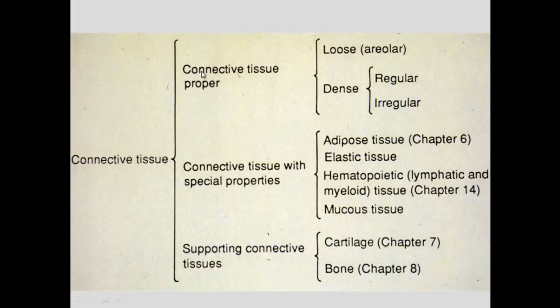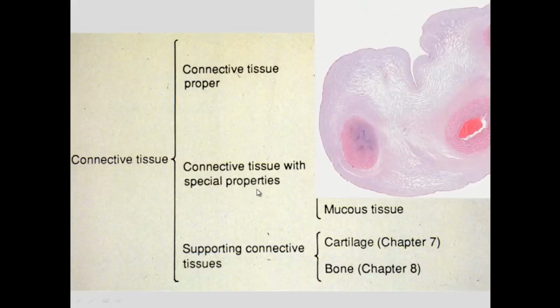If you look at, remember the different types of connective tissue. One of the connective tissues with special properties is mucous connective tissue, and the mucous connective tissue is what you have here. It's very soft and cushioning, but nevertheless is stout as well.